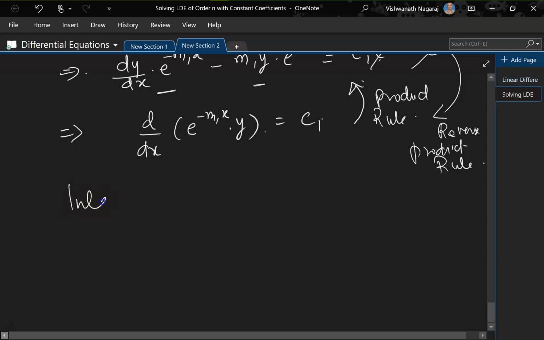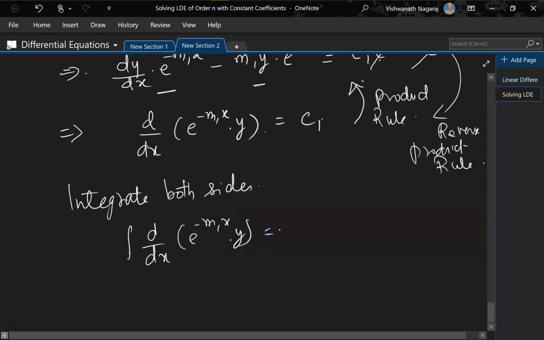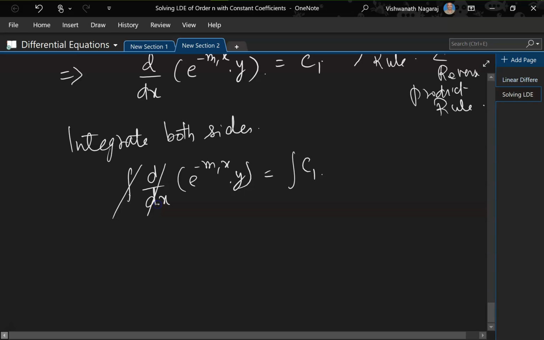So integrate both sides. d by dx of e to the power of minus m1x times y is equal to integral of c1. This integral and differential get cancelled out. We are left with e to the power of minus m1x times y is equal to c1x, and the constant of integration is going to be c2.